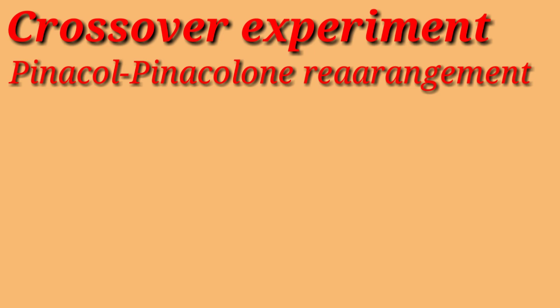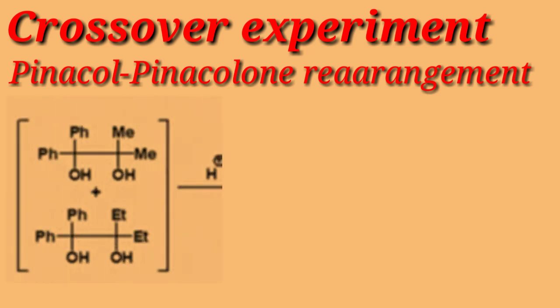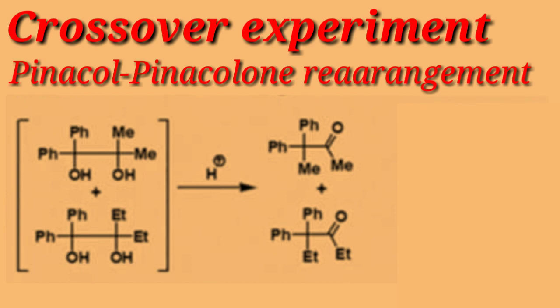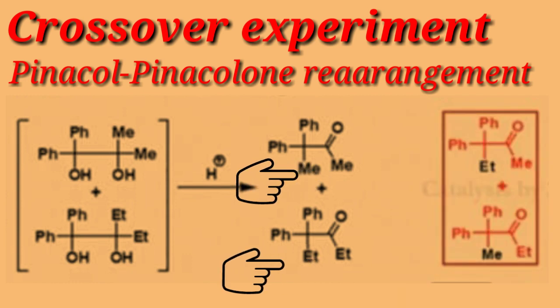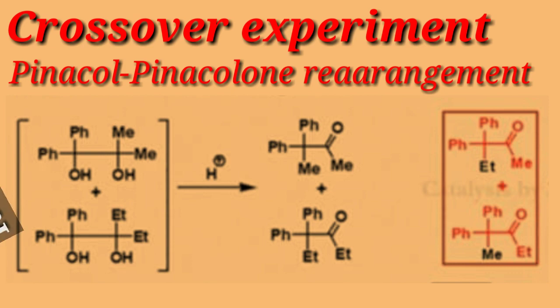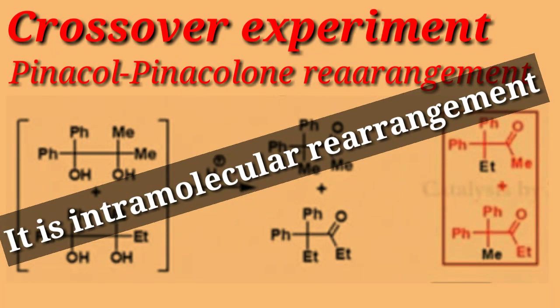But when a mixture of diols was subjected to pinacol-pinacolone rearrangement, it was observed that crossing of methyl and ethyl groups was not observed. That is, such products were not obtained. This suggests that the reaction proceeds through intramolecular rearrangement, that is, a group of atoms rearranges within the same molecule.